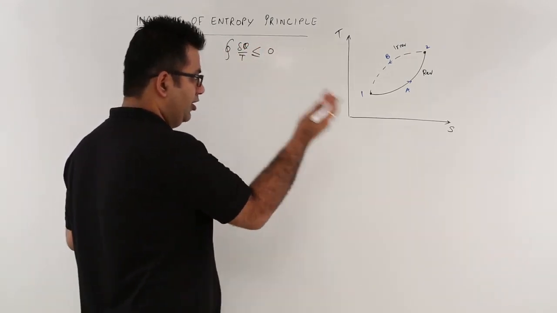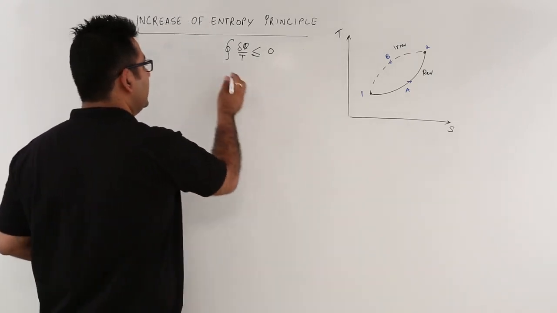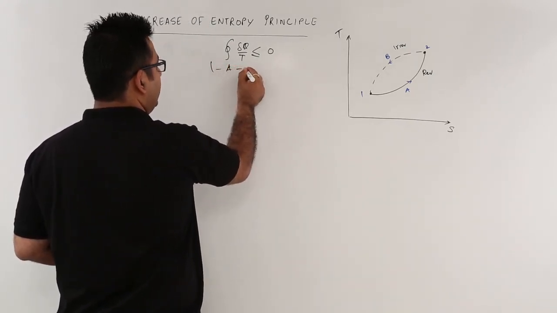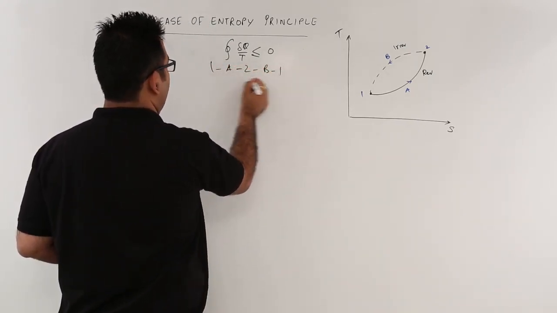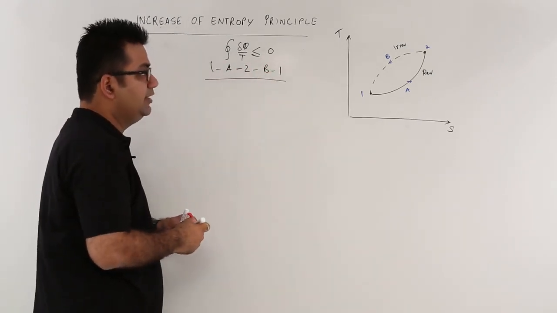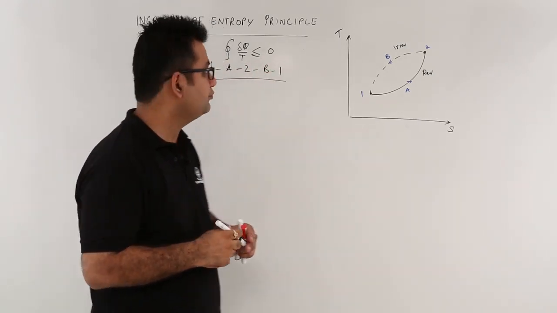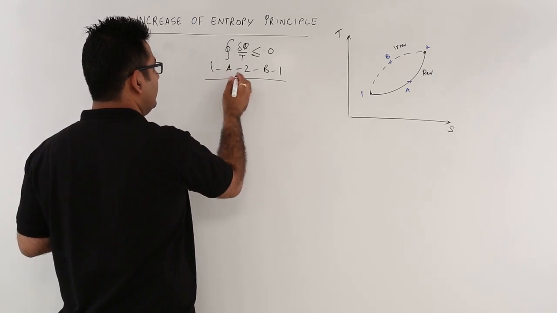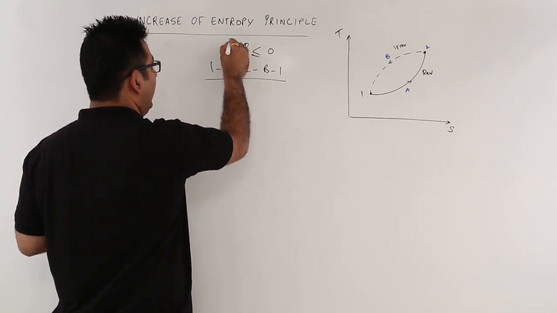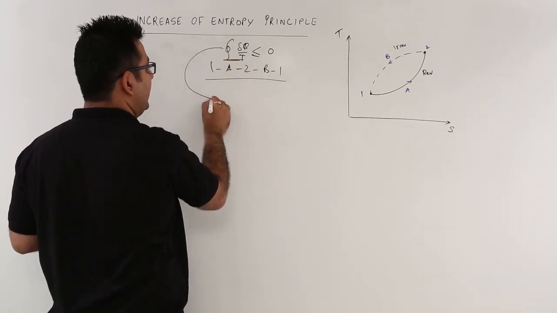Now, because we have an irreversible cycle, which is 1A2B1, this is the cycle that we are going to talk about. So we'll have two parts to this left hand side.